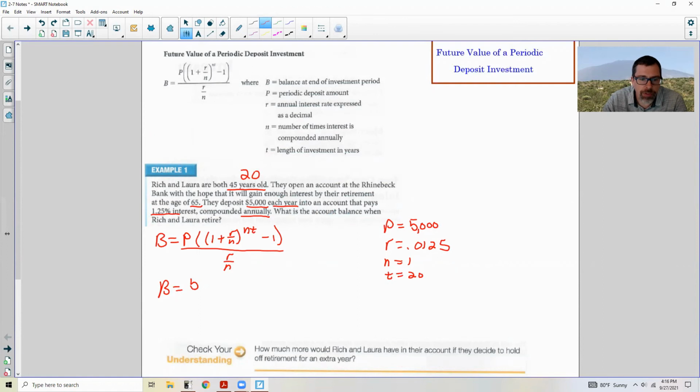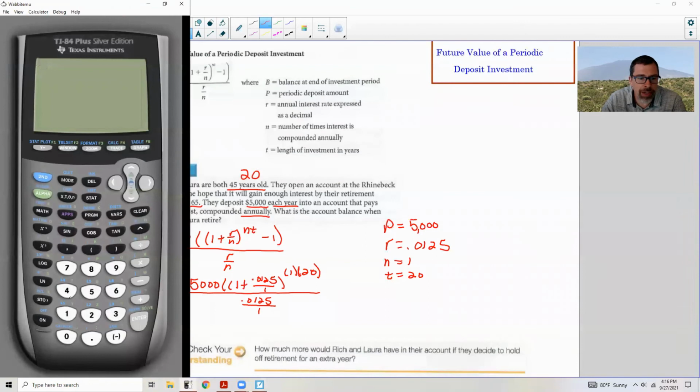So this is going to be 5,000 times parentheses 1 plus our rate, 0.0125 over 1, which I didn't need to write because anything divided by 1 is itself, to the power of N, which is 1, times T, which is 20. Okay, all divided by R, 0.0125 over N, which is 1. And again, I didn't need to write that. So I'll simplify that when I put it in my calculator.